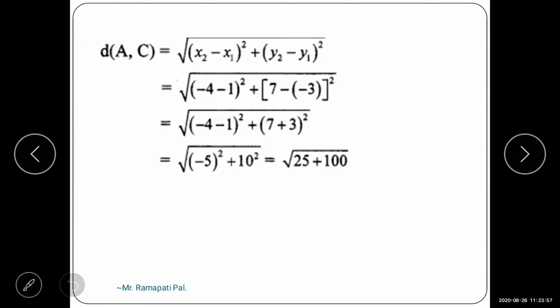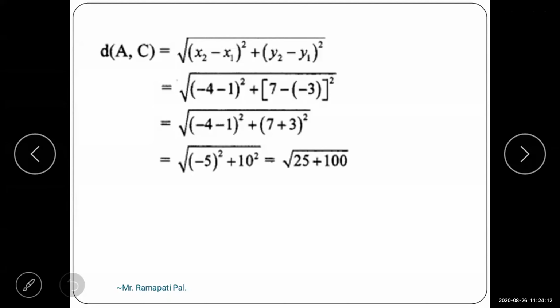Now take out the factors of 125: 25 into 5. That is 5 root 5.